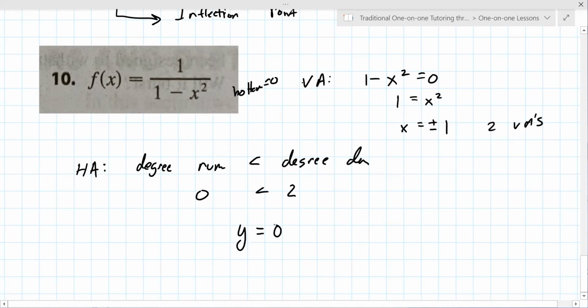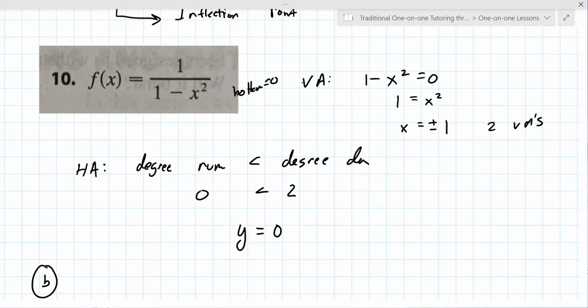And when they're equal, you just take the ratio of the leading coefficients. Okay, so now we're on to intervals of increase and decrease, part B. If the numerator is bigger than the denominator, then it doesn't exist, right? That's right. It's a slant asymptote. It ends up going to infinities most of the time, plus or minus.